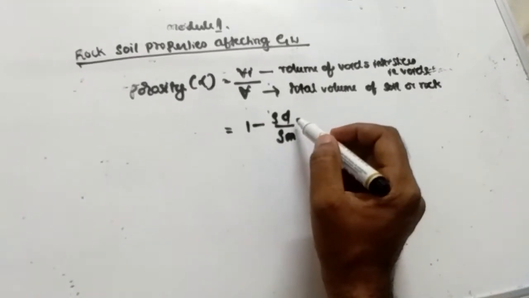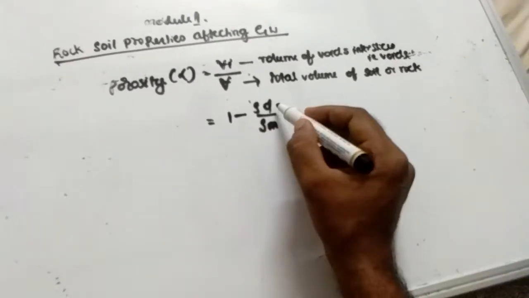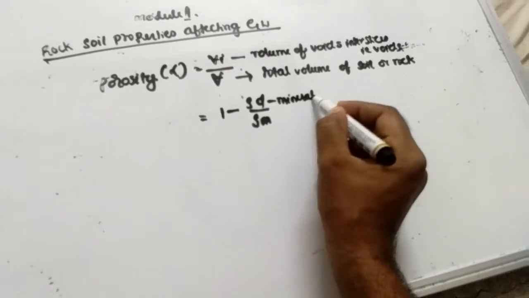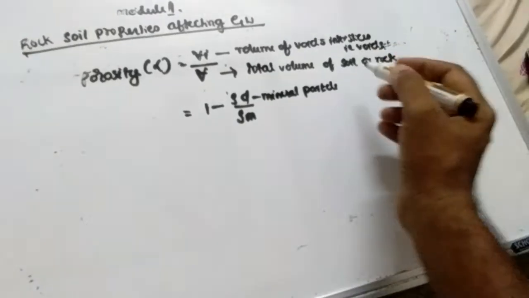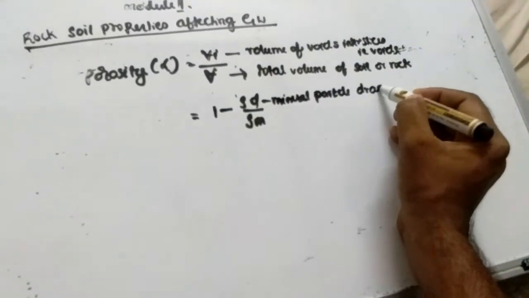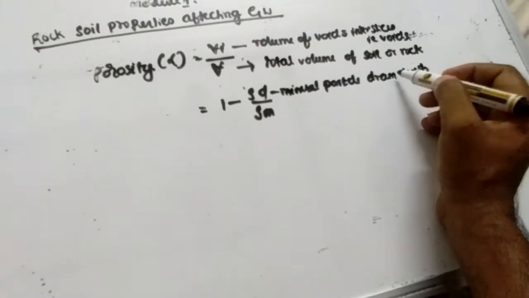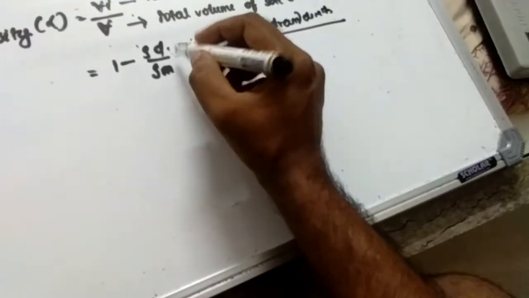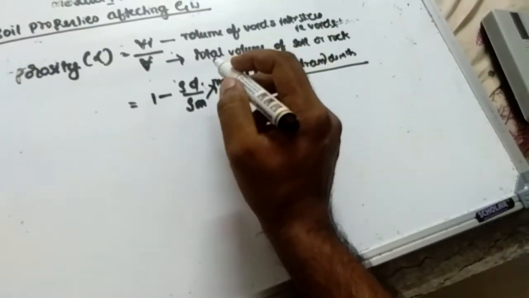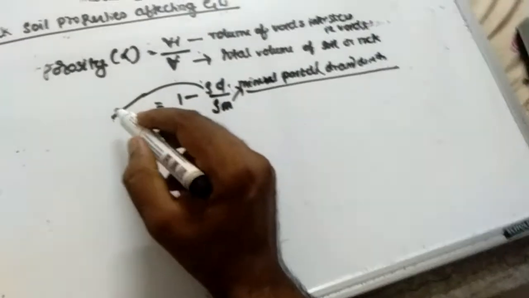Sorry, rho m is the mineral particle density or grain density, and rho d is the bulk density.